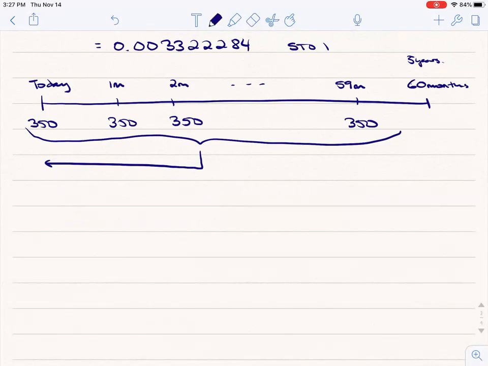So this is going to get pulled back, and the value today is a present value, but because we've got an annuity due, I have to put a present value due. Same thing on my arrow.